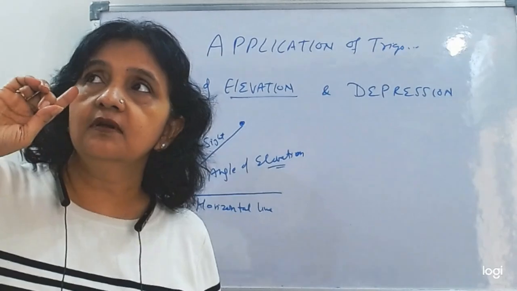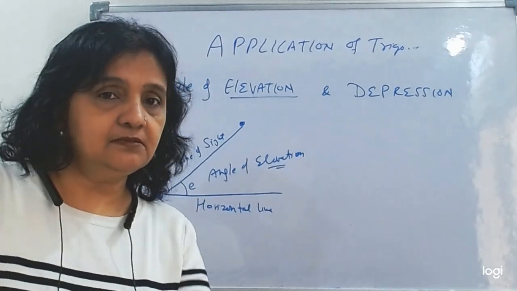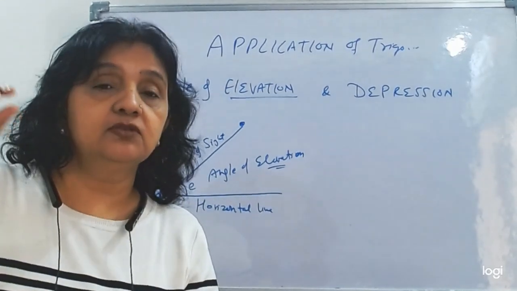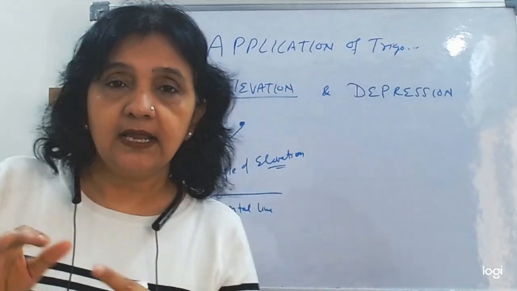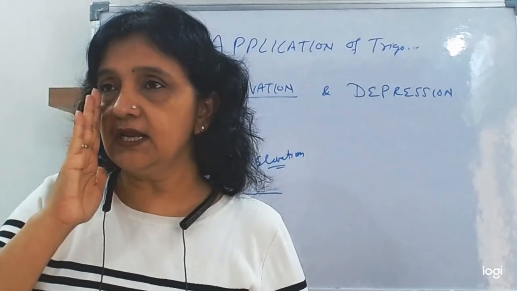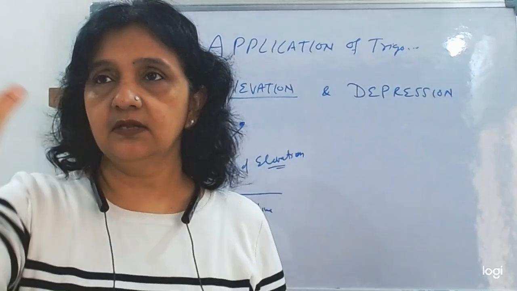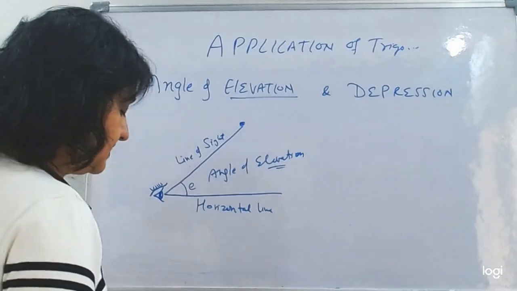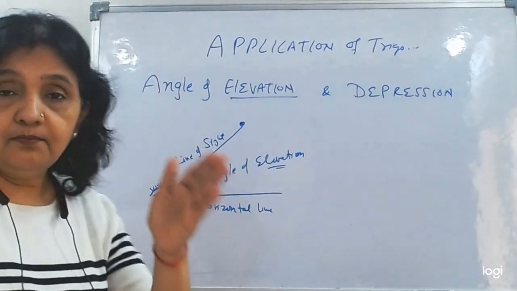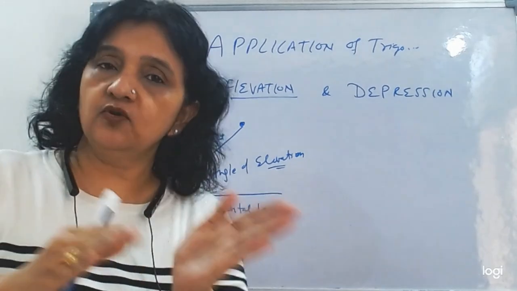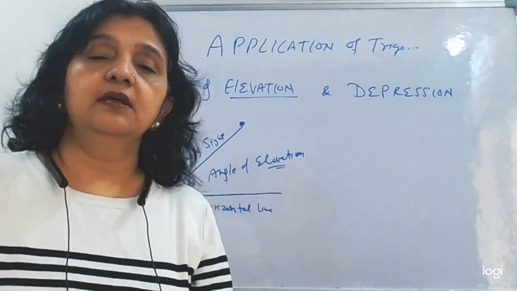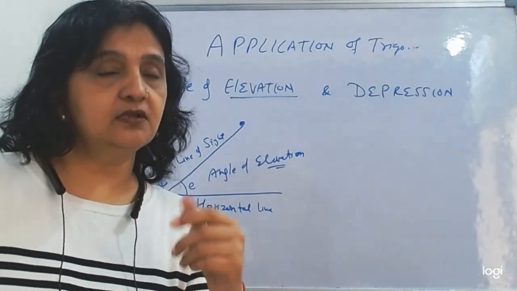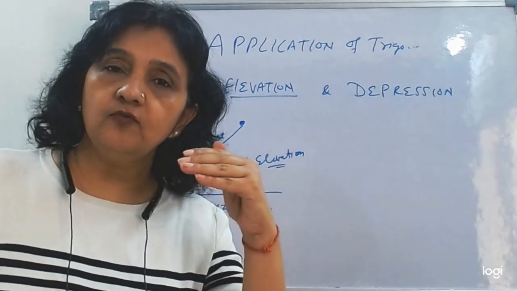So whatever line of sight means that particular path from which you are looking at that object, that is going to be the line of sight, and a horizontal line exactly at the level of your eyes, like this, is going to be the horizontal line or line of horizon we can say. So the angle formed between these two, line of sight and the horizontal line, is called the angle of elevation, in the case when we are looking at objects that are at a higher level from our eye level.